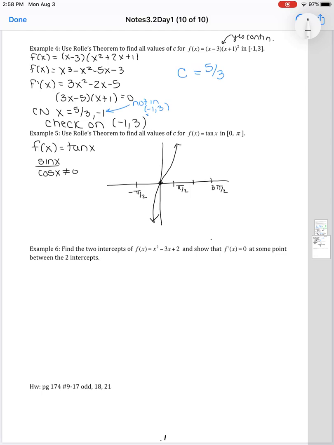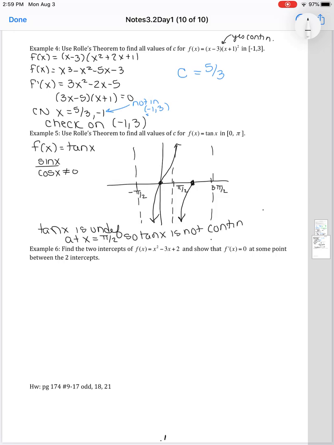So if you sketch this, because pi is about here, you basically have half of your curve going on here. Okay, now, these are asymptotes. So the first thing you say is you look at this and you say, okay, well, given that interval, you can say the tangent of x is undefined at x equals pi over 2.